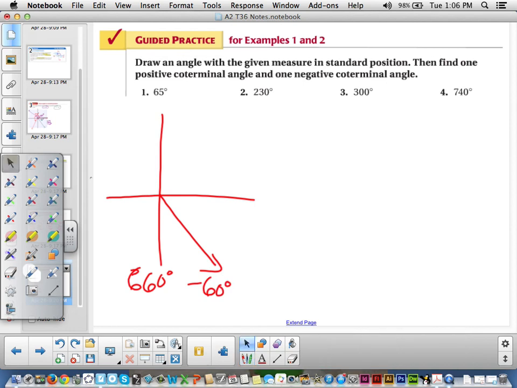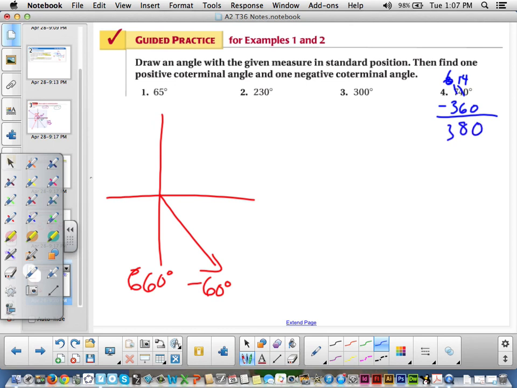For 740, let's find the coterminal first. It actually makes it easier to draw if we find the coterminal first. So we'll subtract 360, and we get 380. That's one coterminal. We'll subtract 360 again.